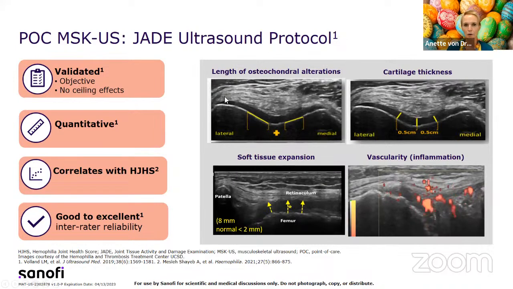And you can see here quantitatively, we can measure osteochondral alterations, we can measure cartilage thickness, and we can measure here synovial proliferation. And in addition, the JADE protocol has an assessment of vascularity, synovitis, abnormal inflammation in the joint that can be assessed.